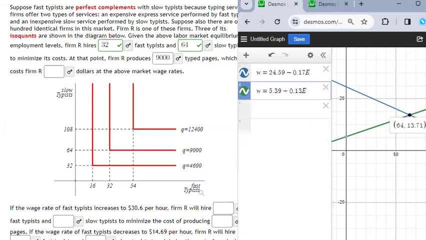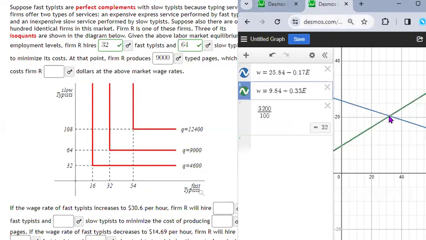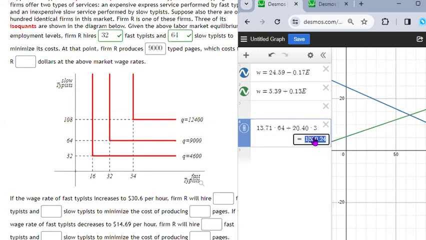The market wage of the slow typist was $13.71, right? And each firm hires 64 slow typists. The market wage of fast typists is $20.40. And each firm hires 32 fast typists.